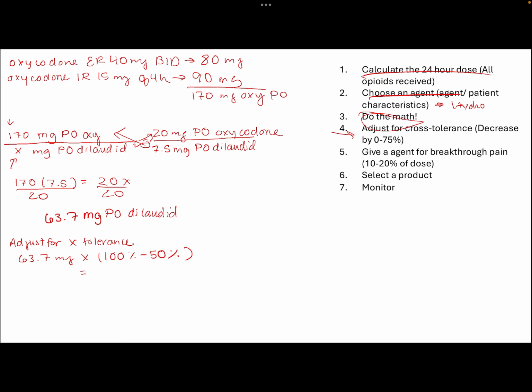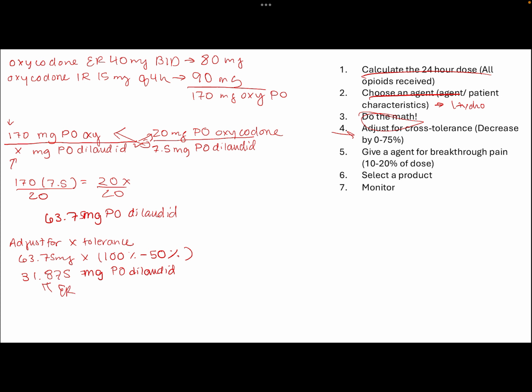And that should get us around like 31.875. Let's try that again. Okay. They're supposed to be 0.75, so I apologize. So, keeping that in mind, this is our milligrams of PO dilaudid, and this is what's going to go into our extended release version. So this is our ER.